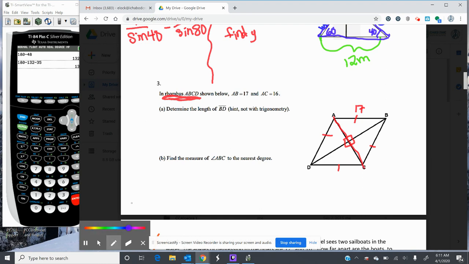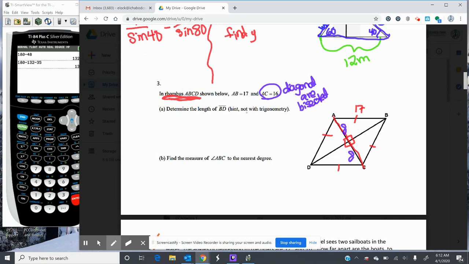Remember that AC is a diagonal, and diagonals are bisected. So that gives us that here to the middle is 8, and here to C is going to be 8. So determine the length of BD. So they want the length of the other diagonal.